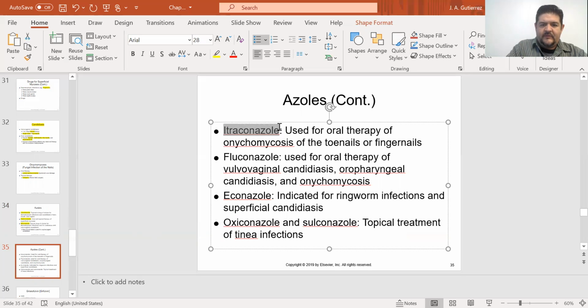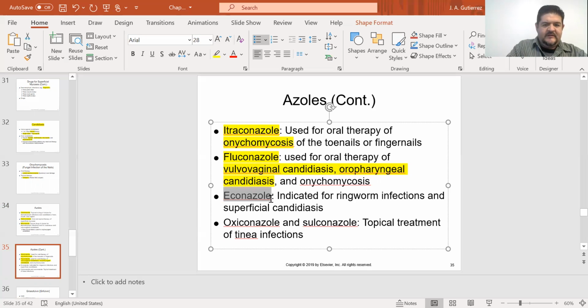Itraconazole can also be used for onychomycosis. Fluconazole, we mentioned, if the patient has a reaction to nystatin, or becomes allergic to nystatin, or there's a resistance to nystatin, then it can be used for all the different presentations of Candida in the body.